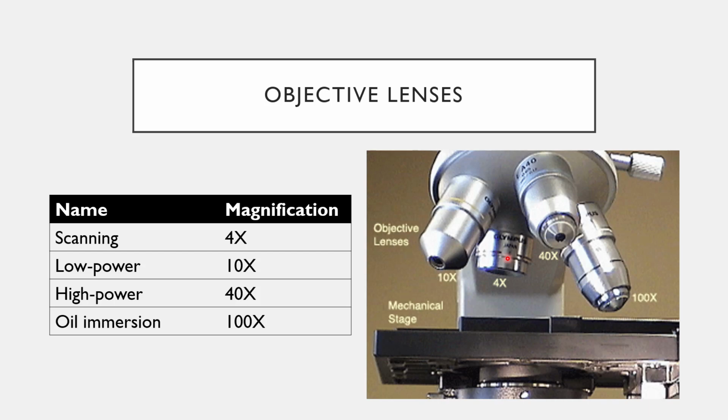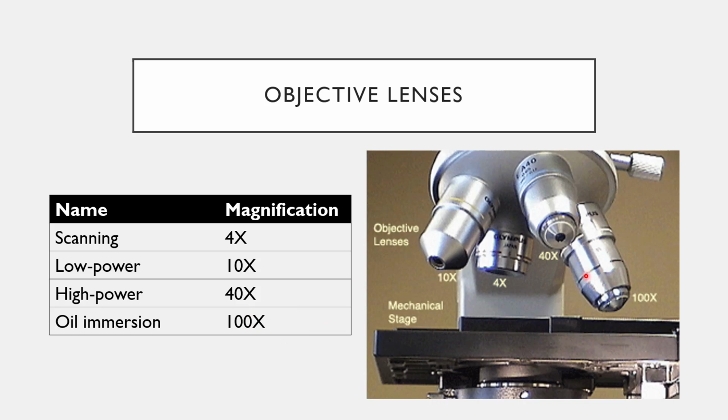Then there's the low power lens, which is 10x, meaning 10 times greater than the naked eye. The high power lens is 40x, and the oil immersion lens, which is 100x. And you can see those 4 listed right here in this image.